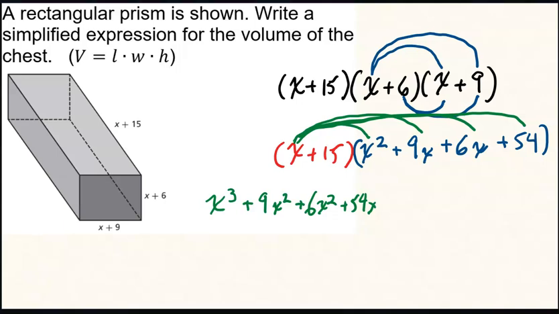I'm now going to distribute the 15 to all these terms. So 15 times x squared is 15x squared. 15 times 9 is 135x. 15 times 6 is 90x.